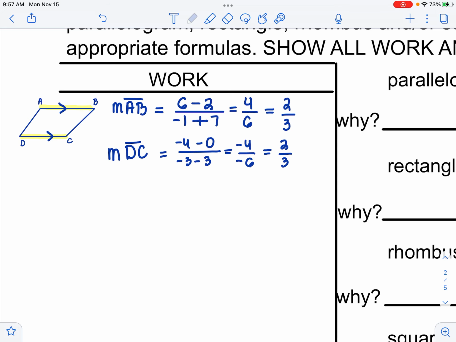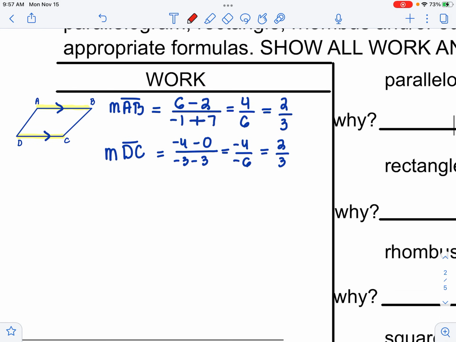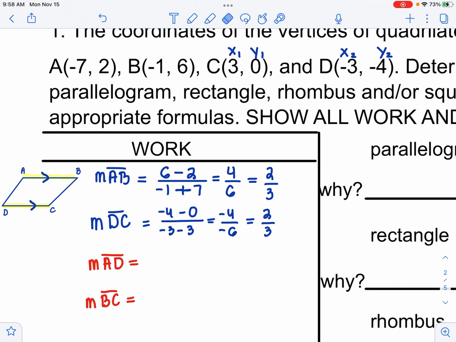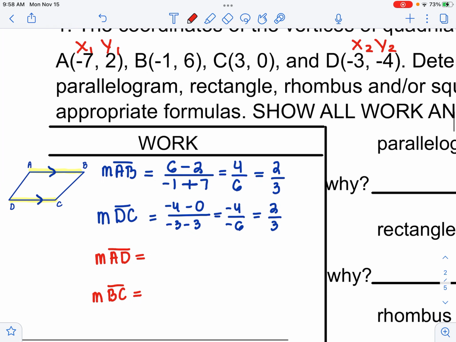Now I need to check AD and BC. I'm going to switch colors here just so we can see that we're switching to the other two lines. So I'm going to check the slope of AD, and then I'll do the slope of BC. All right, so I'm going to erase this once again, AD. So I'll do x, y, and then I'll do 1, 1, 2, 2.